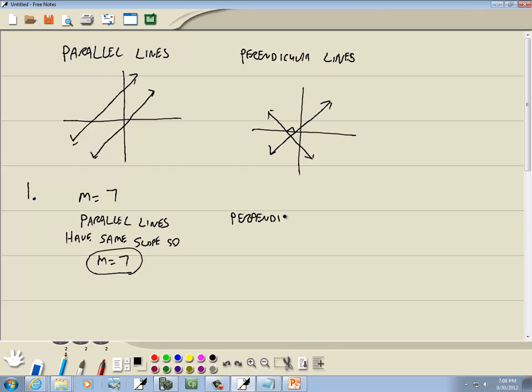Now perpendicular lines have slopes that are negative reciprocals. So perpendicular lines have slopes that are negative reciprocals.